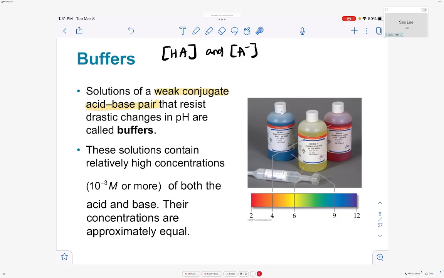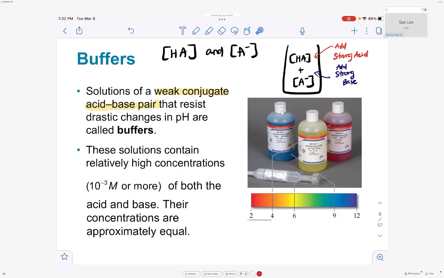What happens to this buffer solution is when you add a small amount of strong acid or strong base into it. So a buffer solution will contain this, and if you add strong acid or if you add strong base, a small amount though, very small amount.